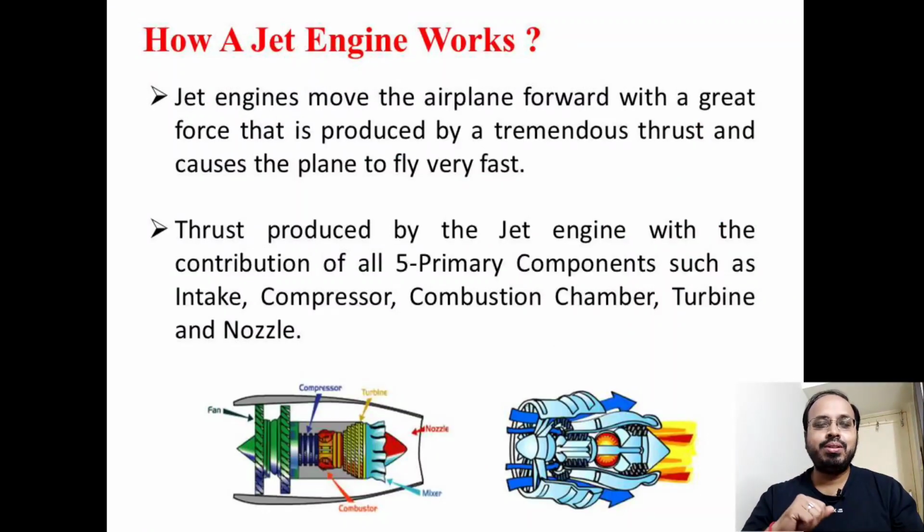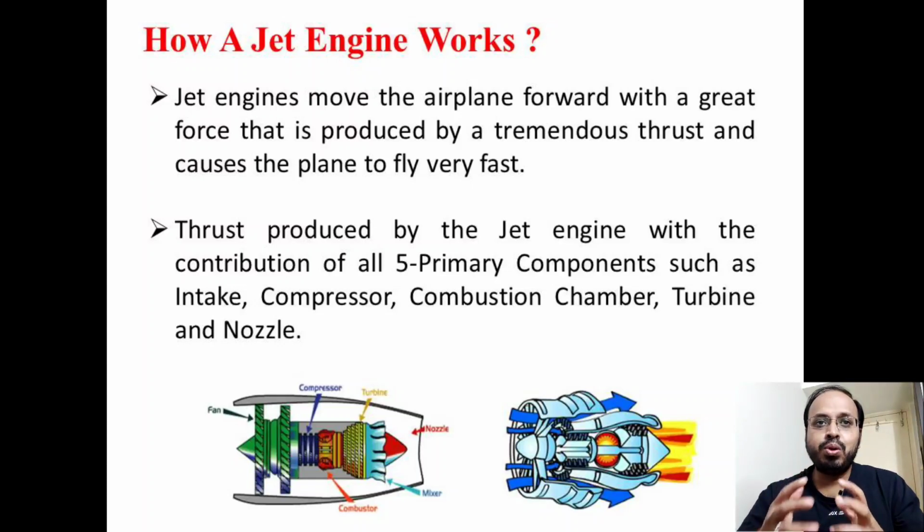The third point, the important point of today's video, is how a jet engine works. The jet engine moves the airplane or aircraft forward with a great force, produced by the tremendous thrust of the engine, and that causes the aircraft to fly faster.